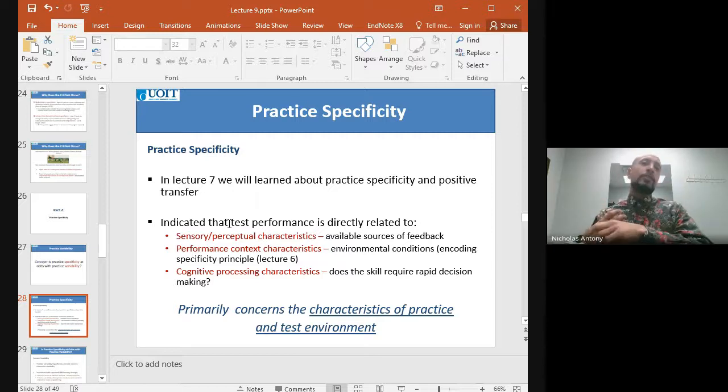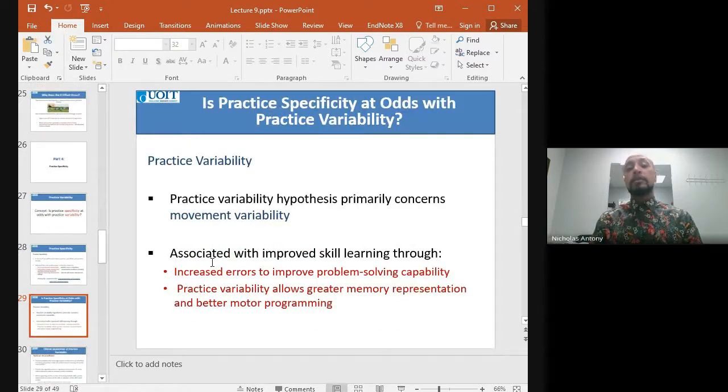So that is more related to if we had concurrent feedback in a practice situation, but all of a sudden in a test situation, you don't get that feedback, you've become dependent on that feedback. And so now you've learned less. That is what practice specificity is talking about. It's talking about the test performance. You want the same sensory processes that would be available during the practice and the test situation. So it's a different term. In case you all were confused, that's what I meant by practice specificity.